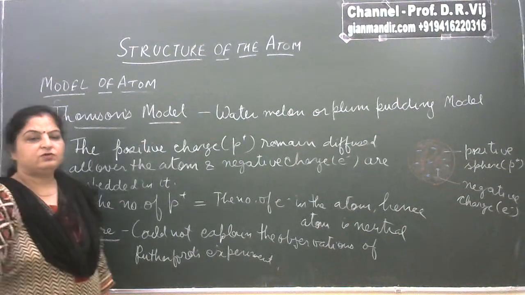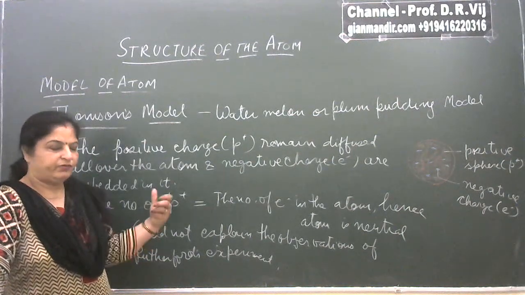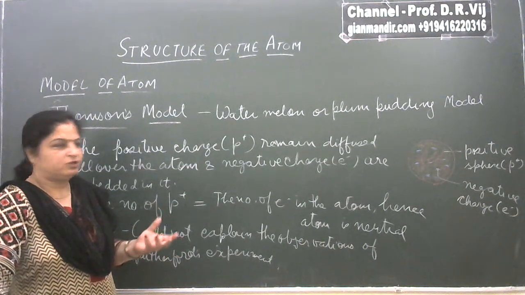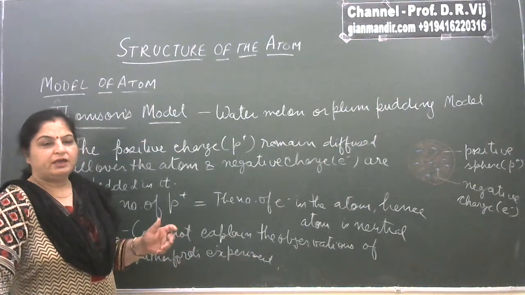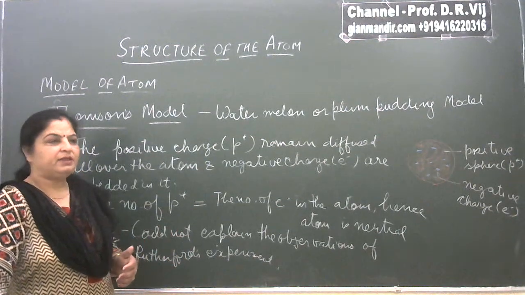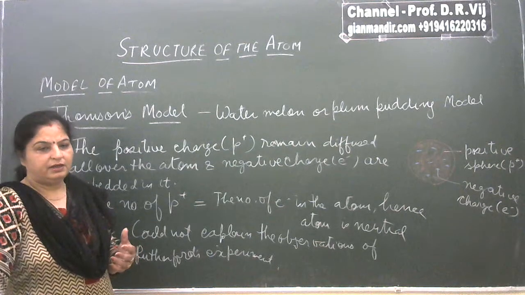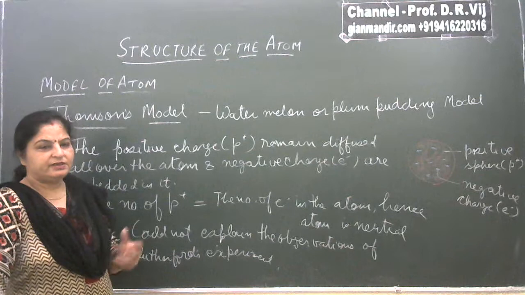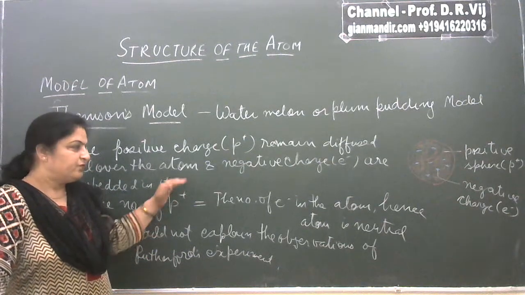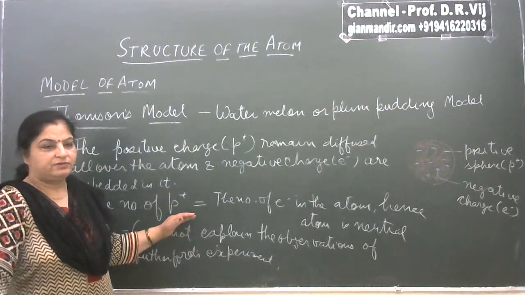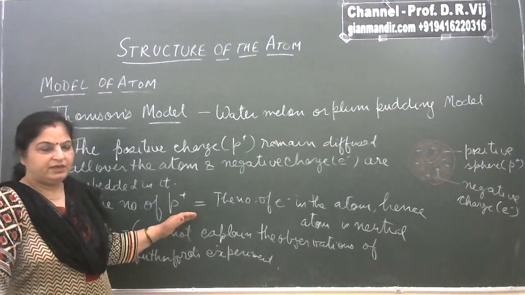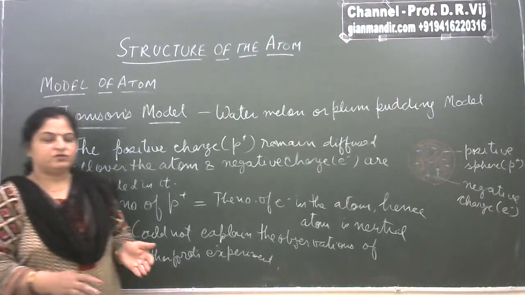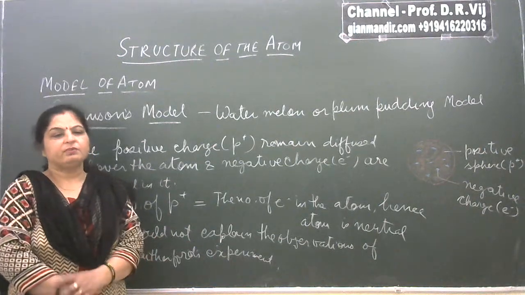Rutherford, who was working in the same lab in which J.J. Thomson was there, was his assistant or junior, whatever you can say, and he performed an experiment that was known as the alpha particle scattering experiment with gold foil. The results that he was expecting were according to Thomson's model, but surprisingly he got observations which were totally different from those expected according to Thomson's model.